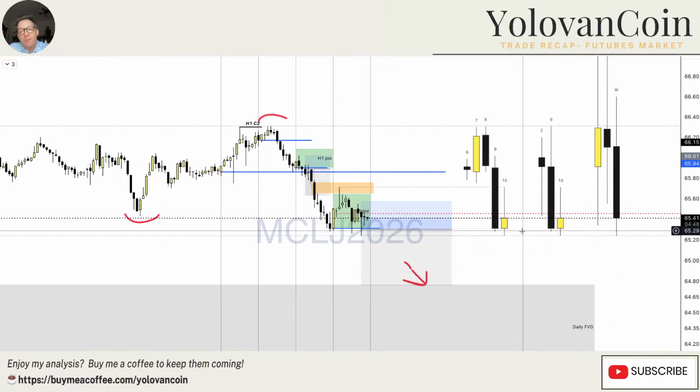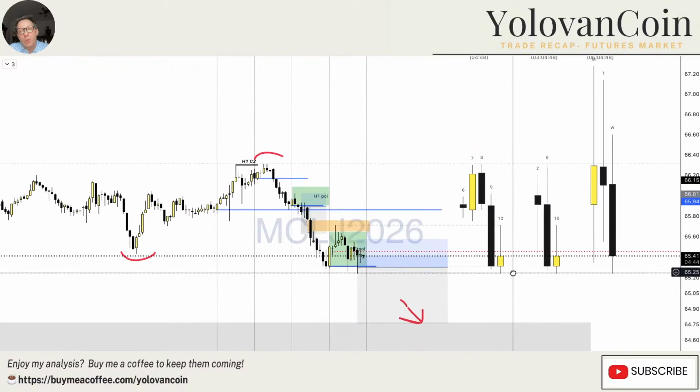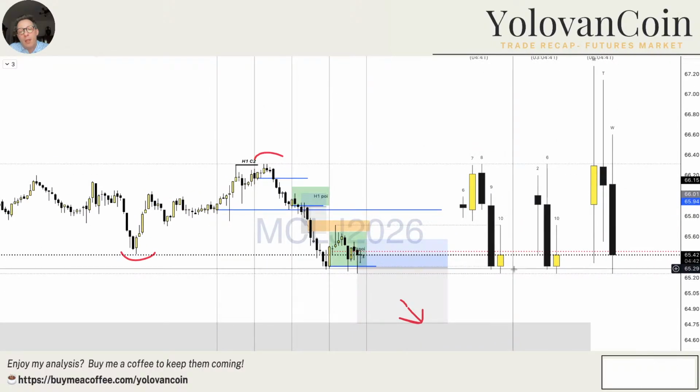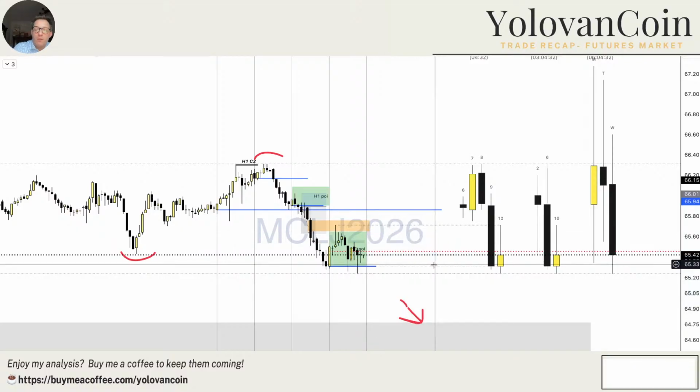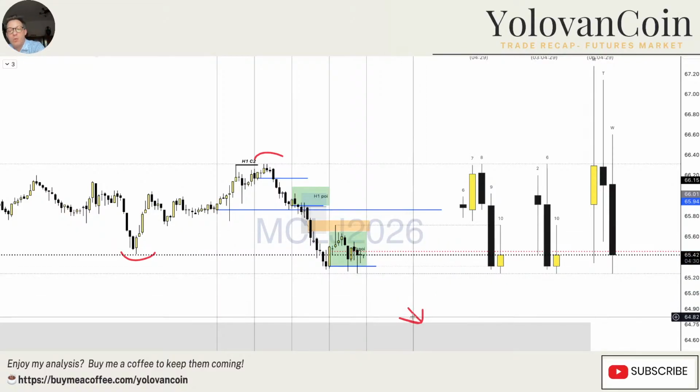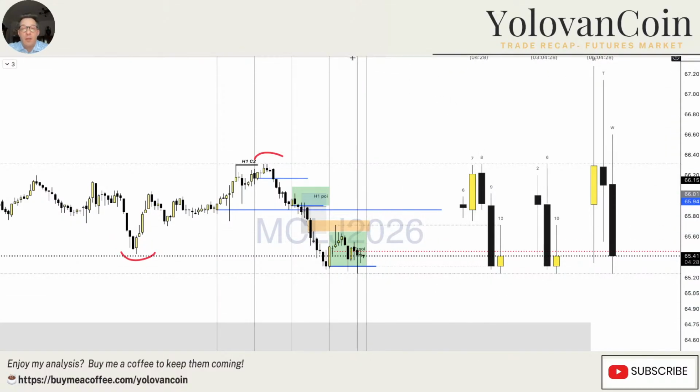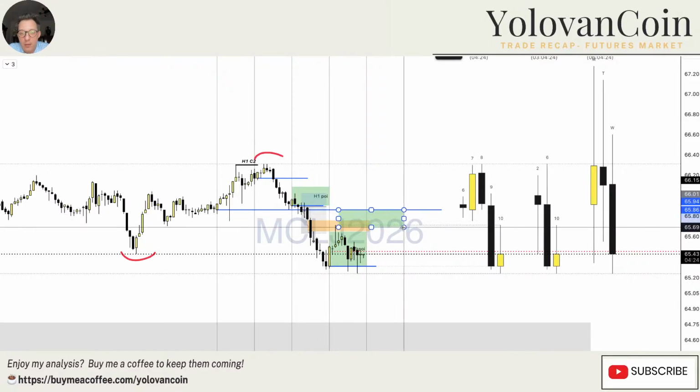Probably we're gonna have C2 closure on the crude oil 1 hour time frame, and that means we swap the low and close back to the range, so external to internal. So probably this one won't be valid anymore, and it's gonna go back to the fair value gap, and the fair value gap is here.